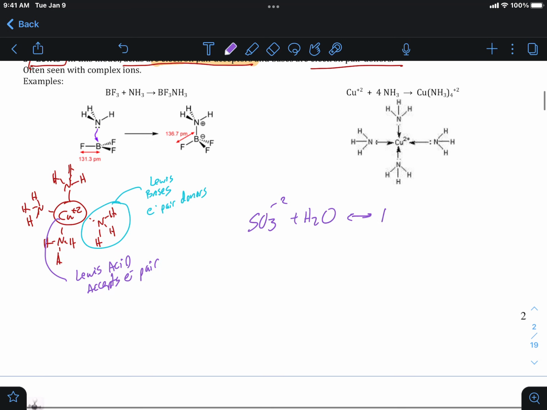So hopefully you wrote this. SO3 2 minus is the base in this example. Water acts as the acid. And again, calling something an acid or base is a relative term. The water is the acid because the SO3 is most decidedly a base. So which one of these is my conjugate acid?